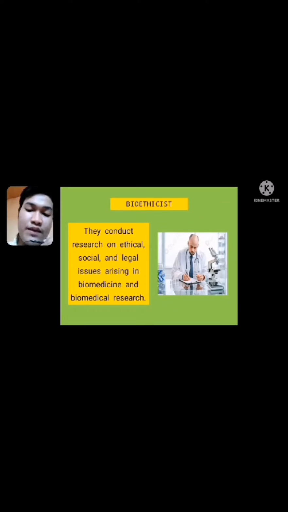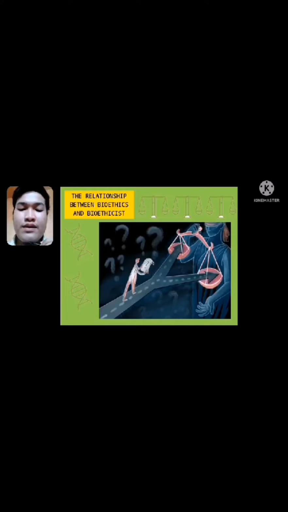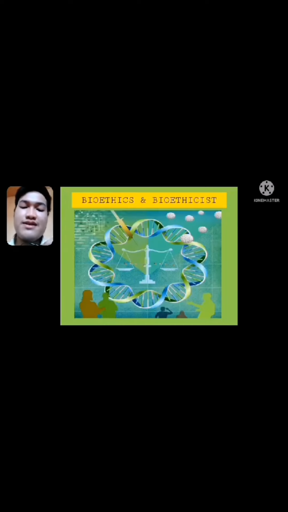Now, let's proceed. Bioethicists are the professional individuals that study and conduct research concerning ethical, social, and legal issues arising in biomedicine research and advancements. Let's talk about the relation between bioethics and bioethicists. Bioethics establishes a mutual understanding for multiple perspectives.